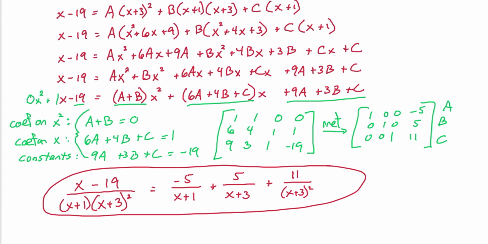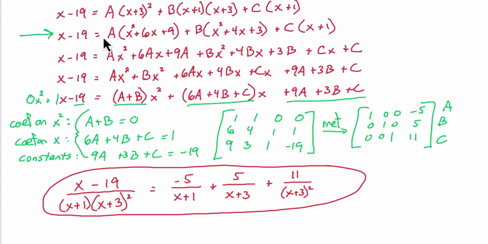As I mentioned earlier, at this point, we could have technically jumped straight to this system of equations without doing these intermediate steps if you can look ahead and see what's going to happen. If we know we're looking for coefficients on x squared, we can see that A will be there on x squared and B will be there on x squared. A plus B equals 0 because there's no x squared over here.